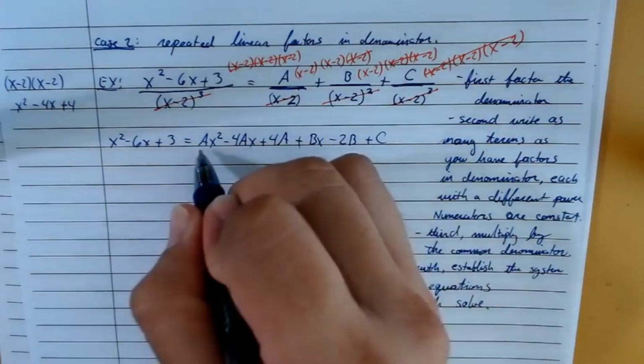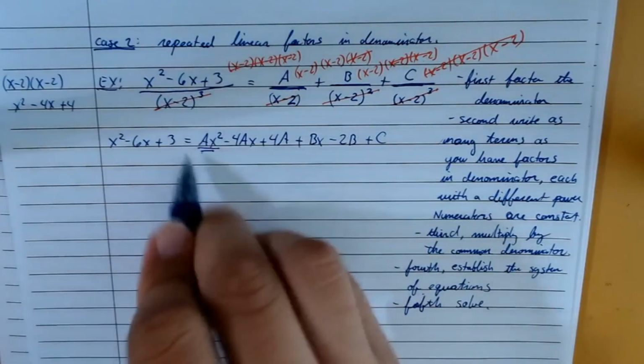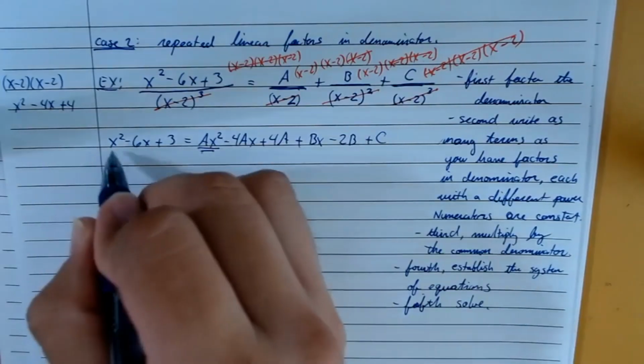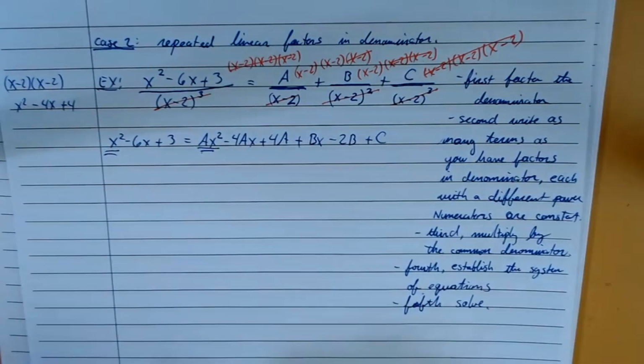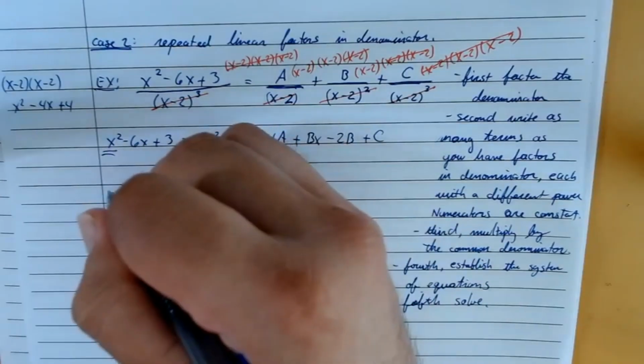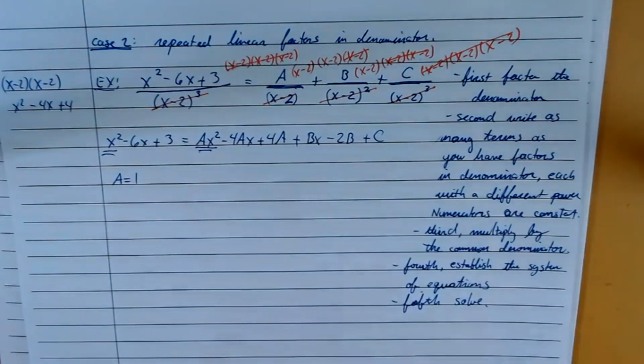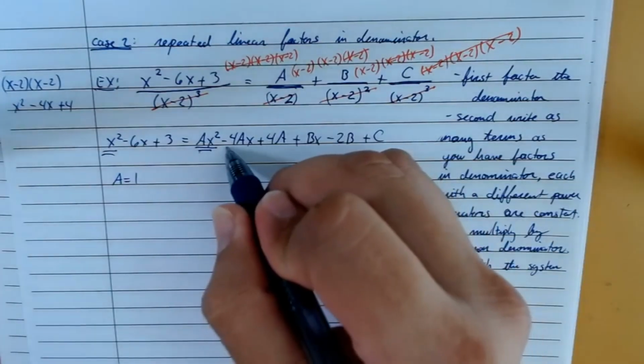So let's see here. We have an ax squared, and that's the only squared term there. Well, ax squared has to equal x squared. Oh, well, that makes things pretty easy. That means a has got to be equal to 1. What other equations do I have?